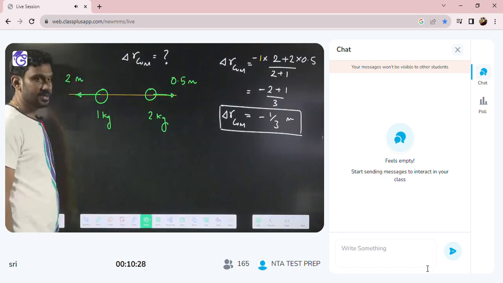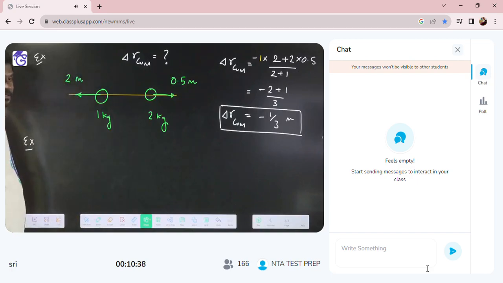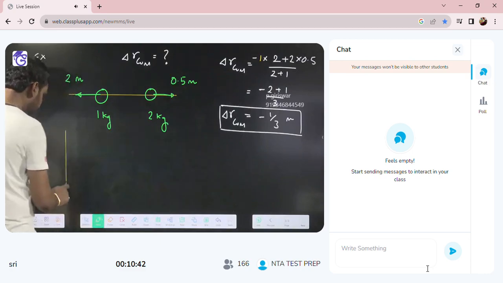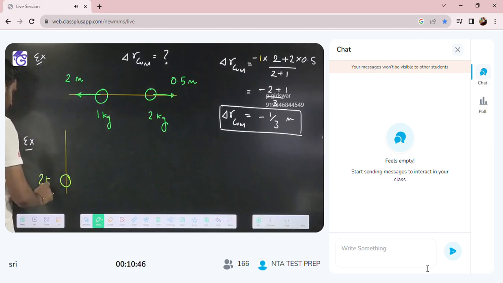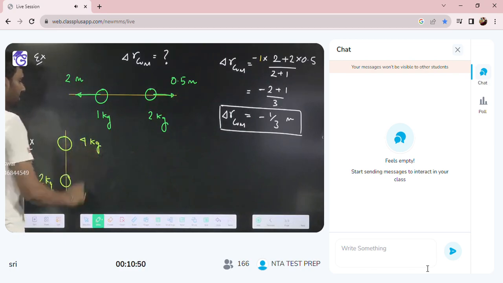Chalo boys and girls, next example. Good. Next example, please write. I have a mass here, 2 kg. I take a mass here, 4 kg.